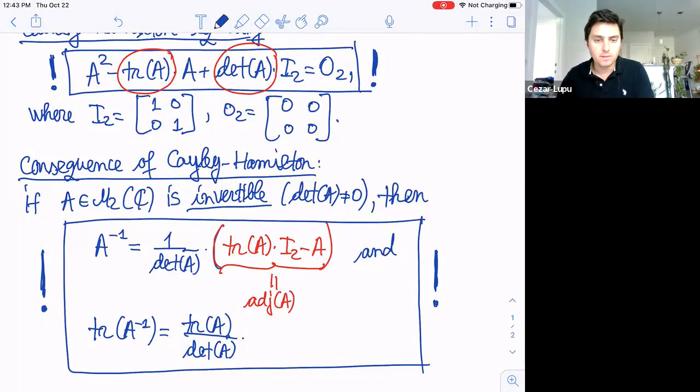So there is no problem. And once you derive this equality, you just take the trace, and everything is there. So the second relation follows from the first one by just taking the trace.